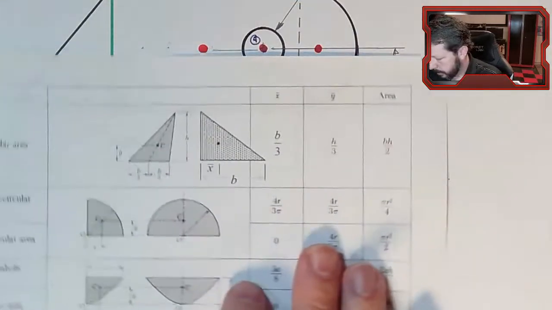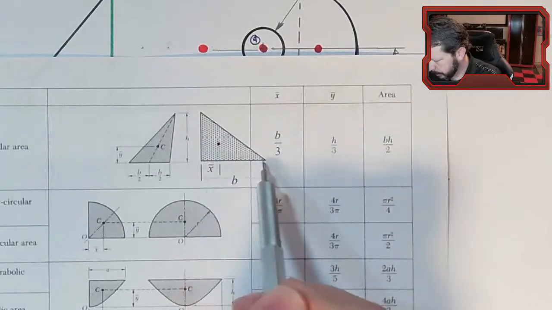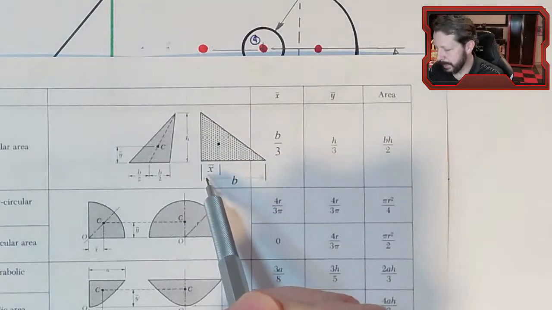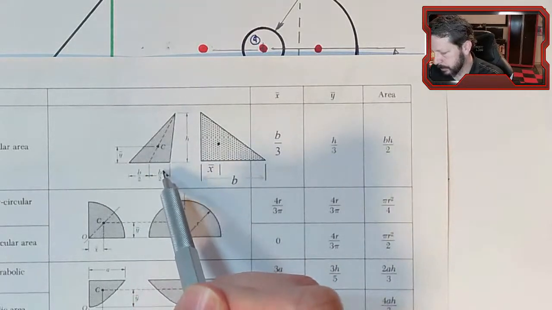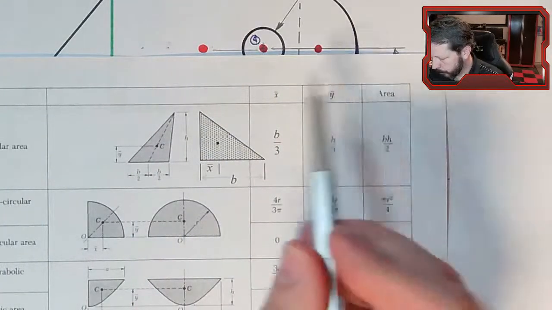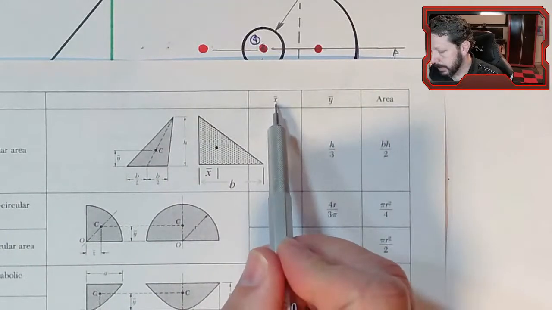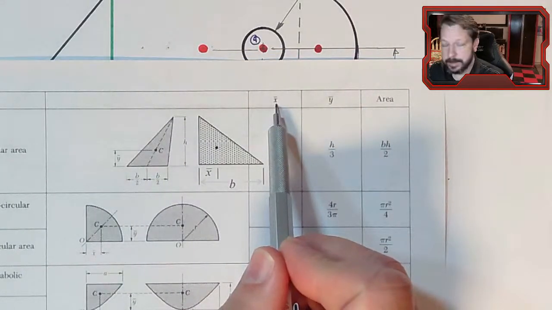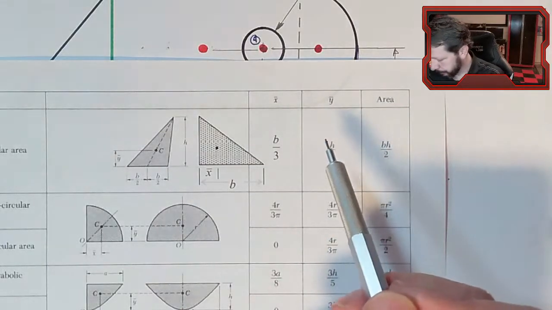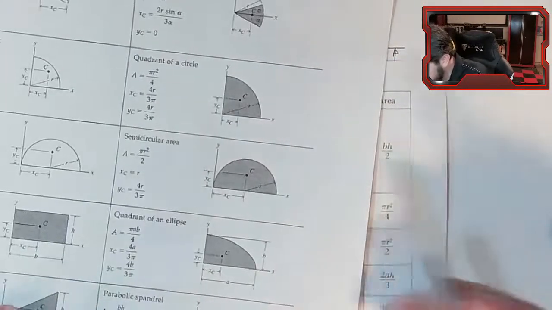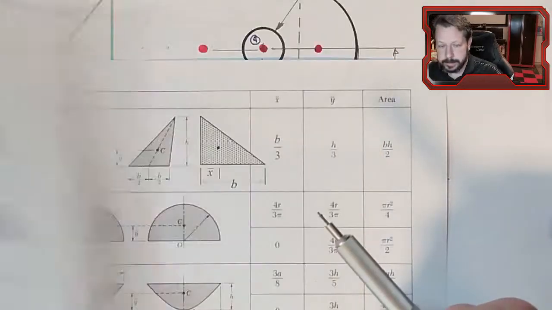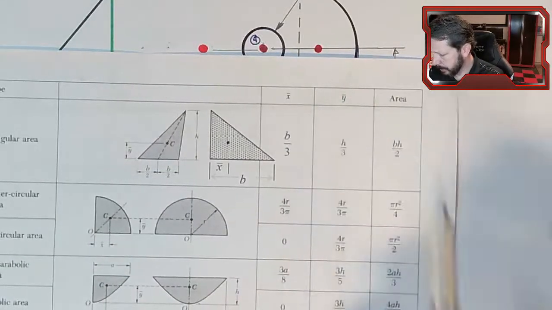There are actually two. One of them looks like it was drawn after the fact, and then you've got one that's not a right angle triangle. We've got x bar. In this chart, they're using x bar as x sub c and y bar as y sub c. Some of them actually say yc and xc. This is the same thing.